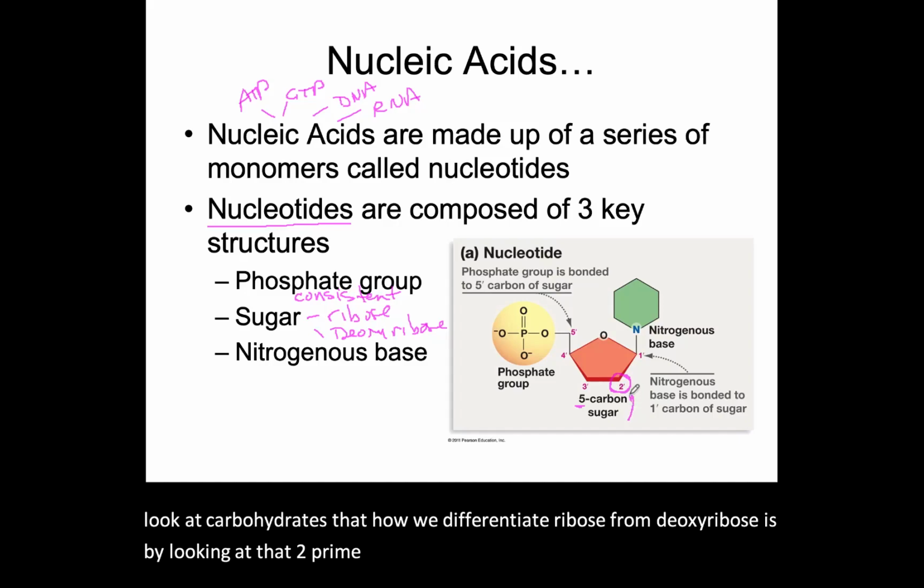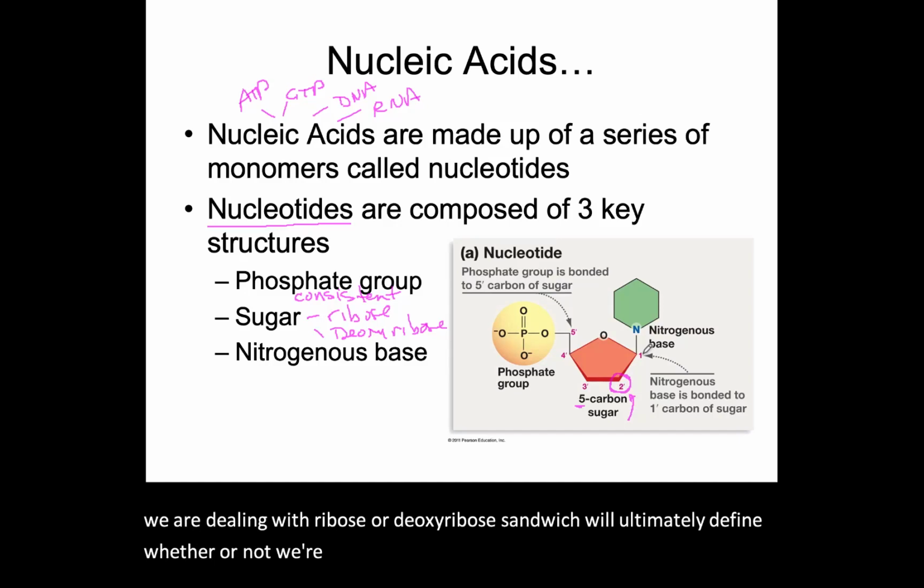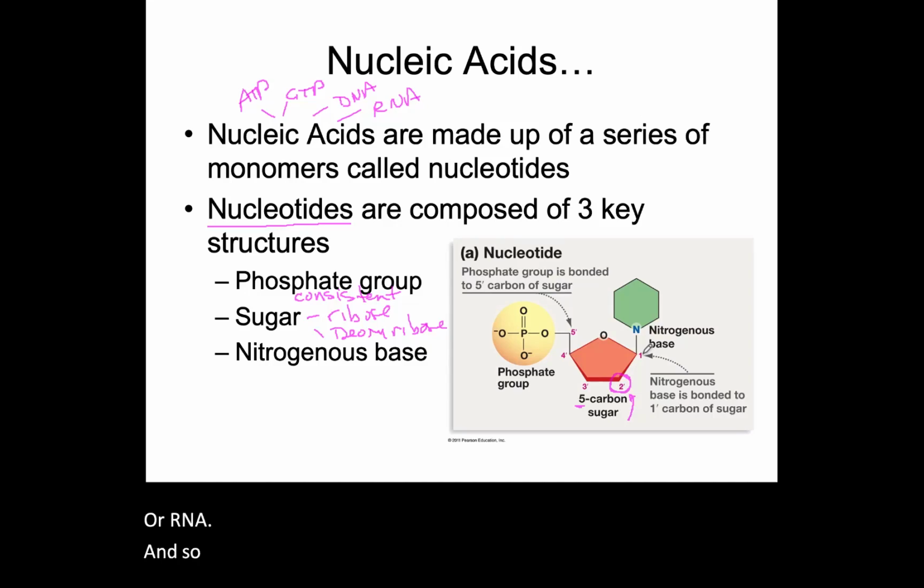That is what defines whether we are dealing with ribose or deoxyribose, which will ultimately define whether we're dealing with deoxyribonucleic acids, or DNA, or ribonucleic acids, or RNA. So you have some variability there.